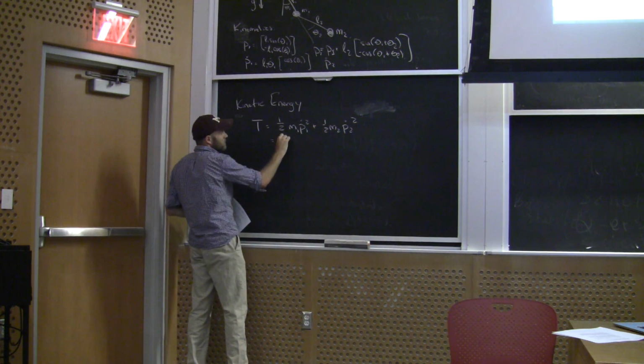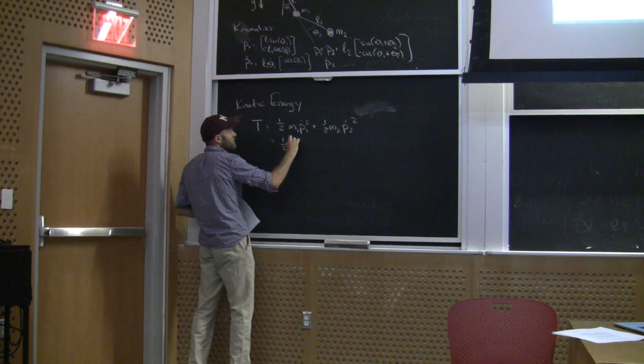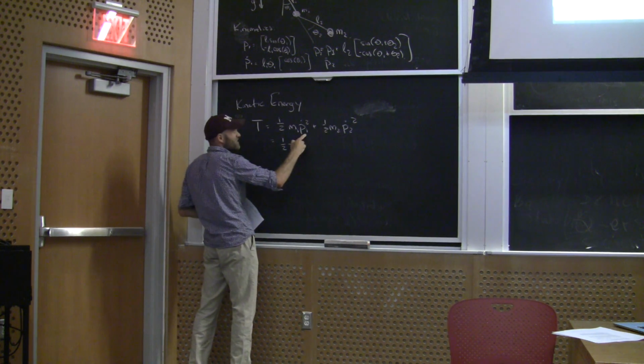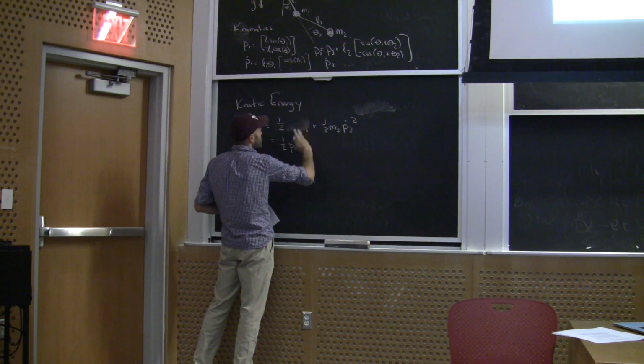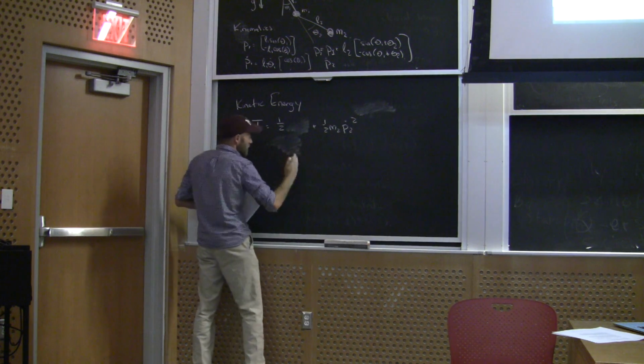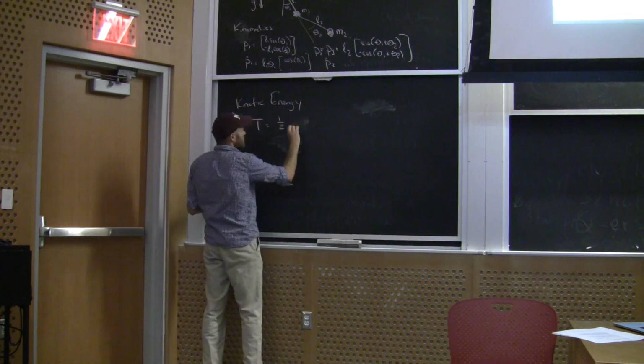Just to make the transition in a minute, I could have also written this as P1 dot. This is a scalar. I should have written it in vector notation, since I've written that this up here is a vector.